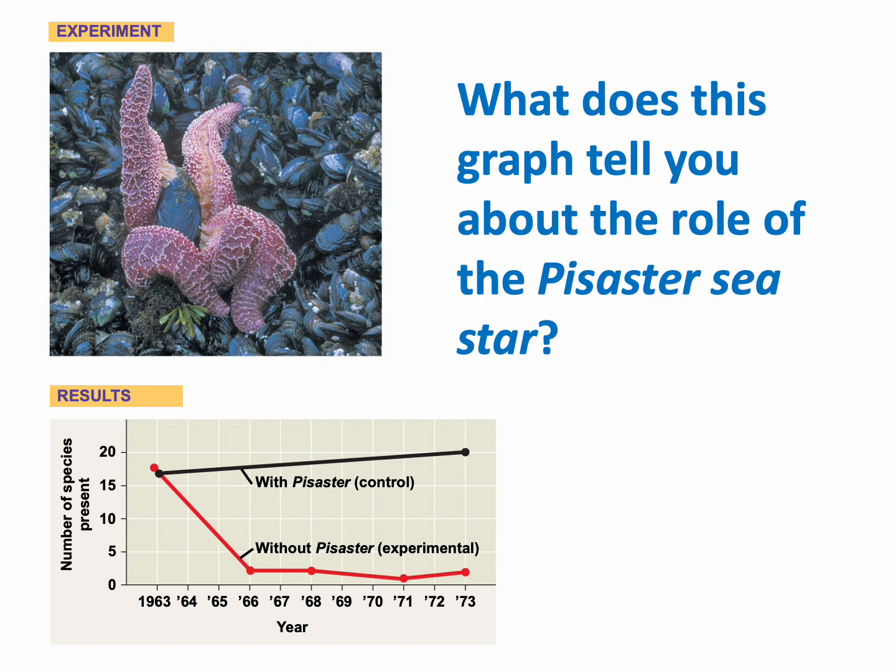Evidently, they started this project, it looks like 1963, and by 1966 you saw a difference in the number of species present, with the ones that have Pisaster starfish present having essentially no real change in the number of species found in those areas, whereas the ones where Pisaster was removed saw a complete drop in biodiversity. And that maintained for the years up until a decade later in 1973.